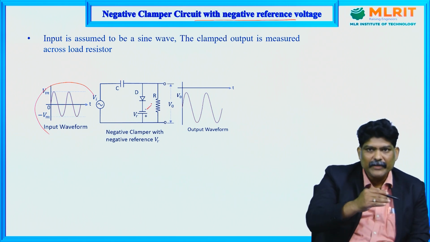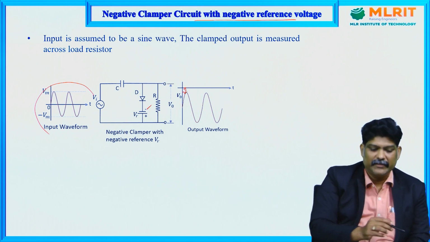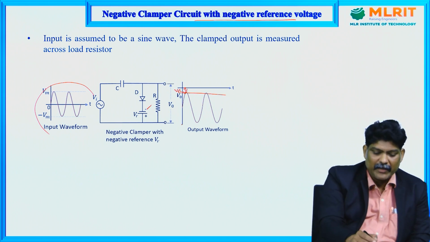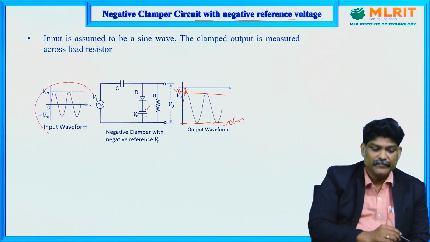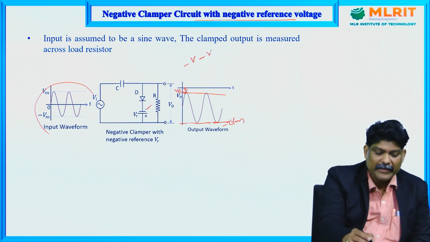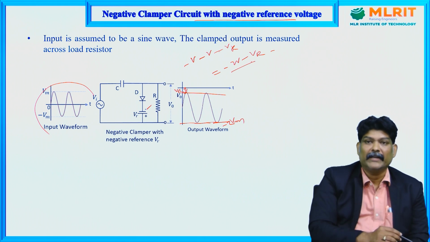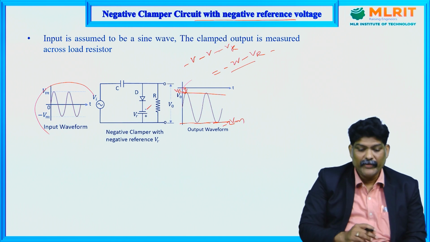So this part will be VR, and here you get minus 2Vm, because you will get minus Vm and we have added minus VR. So minus 2Vm and minus VR will be the output. So this is about a negative clamper with negative reference voltage.